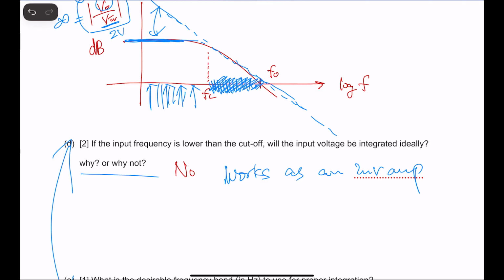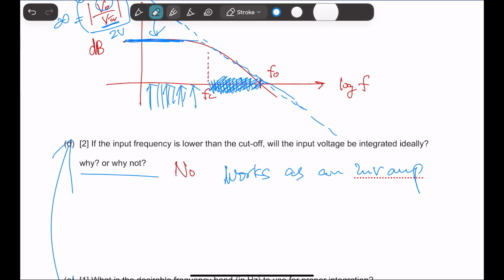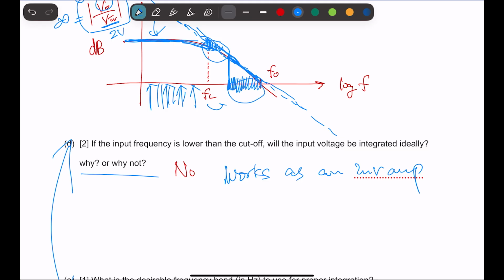And if you remember, I also told you, if you have that luxury of choosing the range, you may want to go up in this range where, see, around here, the red line is following the blue line, but we still have a little bit of a gap. But in this range, they are almost identical. So you may go a little bit higher, for example, 10 times your cutoff frequency and lower than your 0 decibel frequency. That's what you want to have.